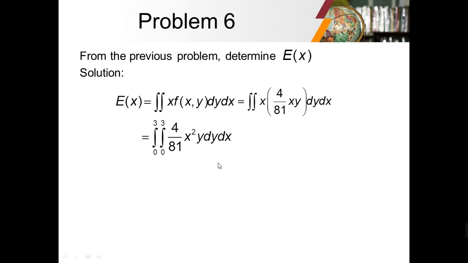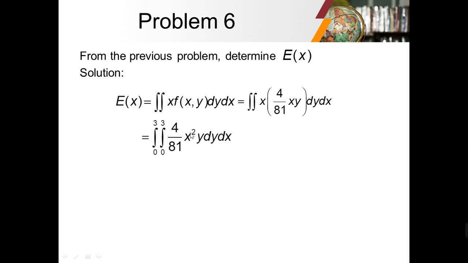Okay? Then, integrate tayo in terms of y. So, ang limits natin na gagamitin, since wala naman tayong restriction dito, ibig sabihin sa buong ranges yun ng x and y. Ano yung mean value niya. So, kaya ang limits natin na ginamit is yung buong range na 0 to 3 parehas.